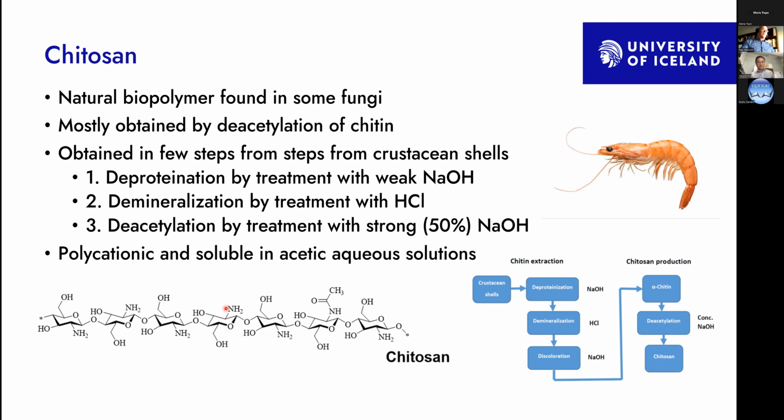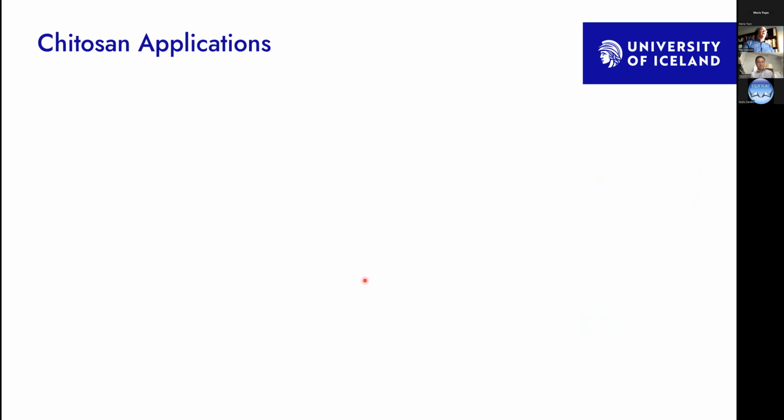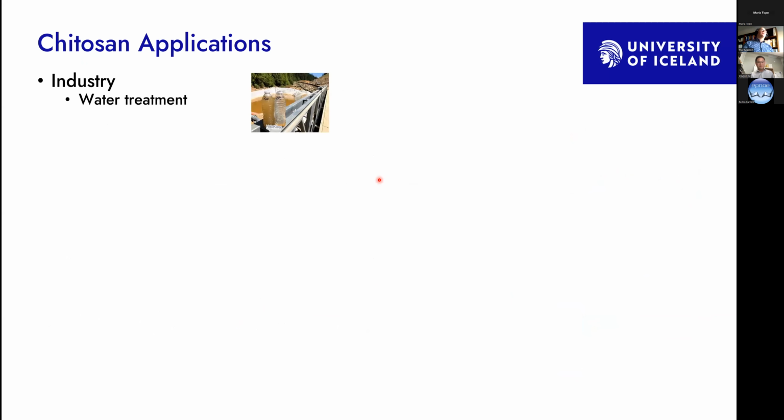We can have protonation of the amino groups, and if you have slightly acidic solutions, then you can actually get it into aqueous solutions, and that makes it much more applicable than, for example, chitin. Another aspect of chitosan is that it has many useful applications.